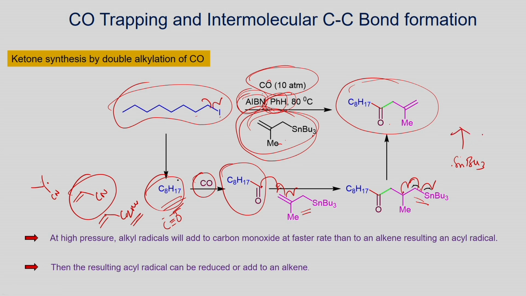If you have the alkyl iodide, it can further react and you form the alkyl radical and tributyl tin iodide. In this way the reaction can be carried out.